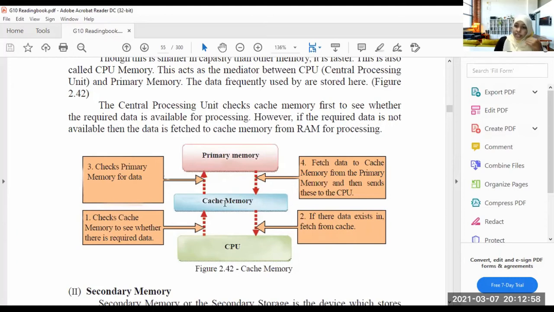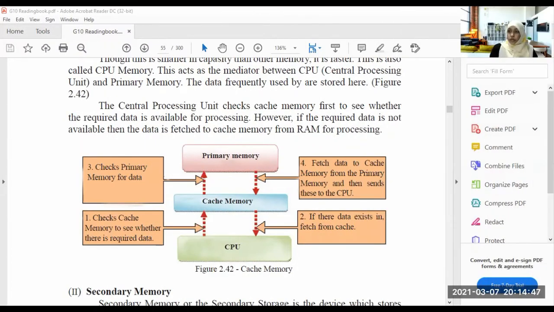If the data exists there, it fetches from the cache memory and processes the data. If the data is not in the cache memory, then it checks the primary memory and fetches from the primary. After that, it fetches the data to cache memory from the primary memory and then sends it to the CPU. This is what happens with the cache memory.